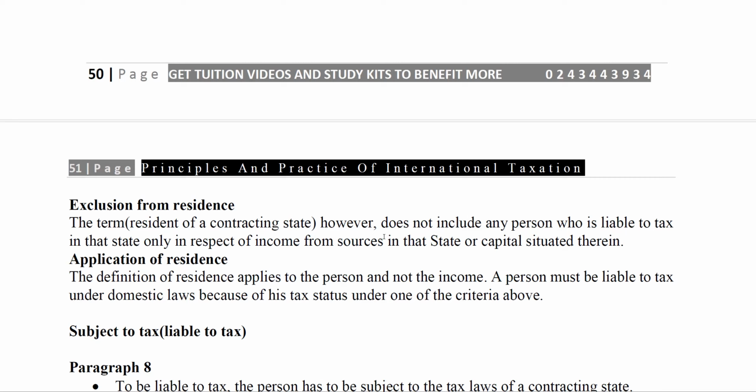Would we? Yes or no? Yes. Why? Then you support it with evidence. Because the place of management is in Ghana.